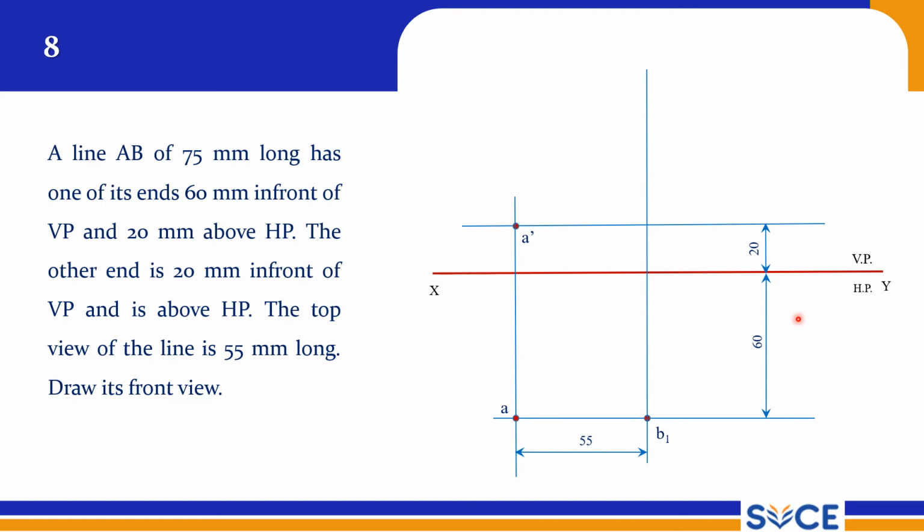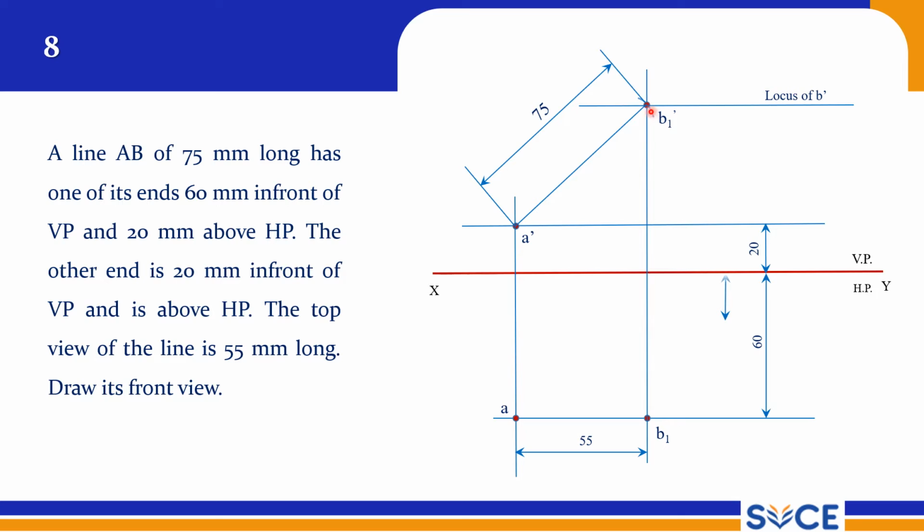We don't know the locus of B here. Now we know the true length, it is 75. If you cut 75 on this line, we get its true length line. So this is the true length line, 75, and this is the corresponding locus of B dash, and this is our projector.